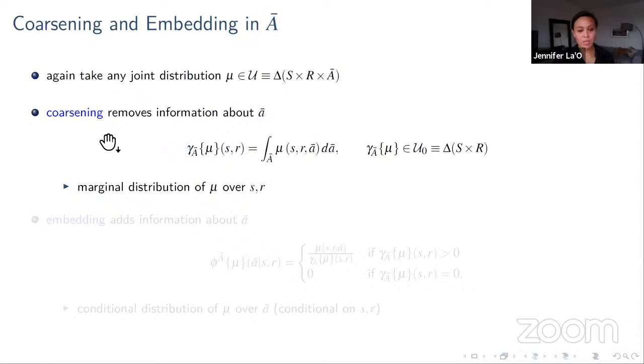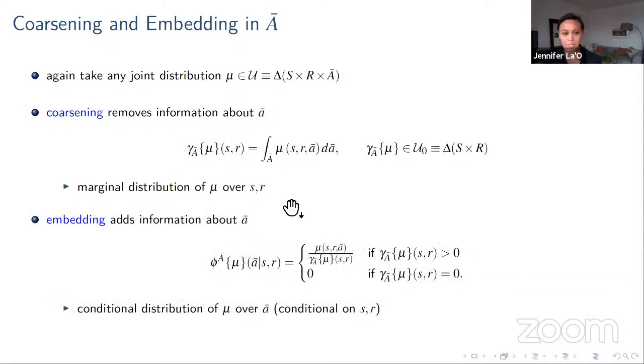A coarsening removes information. Suppose I coarsen this by removing information about A bar to get this marginal distribution over S and R. And then I can add back information about A bar.